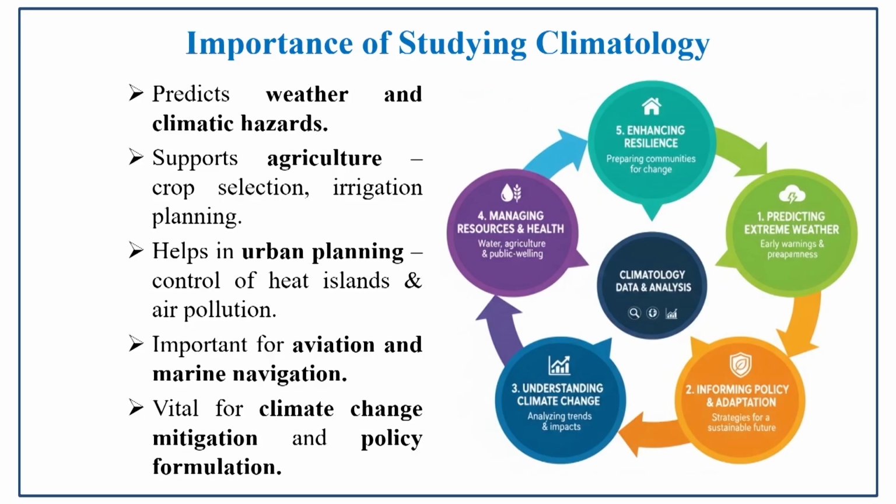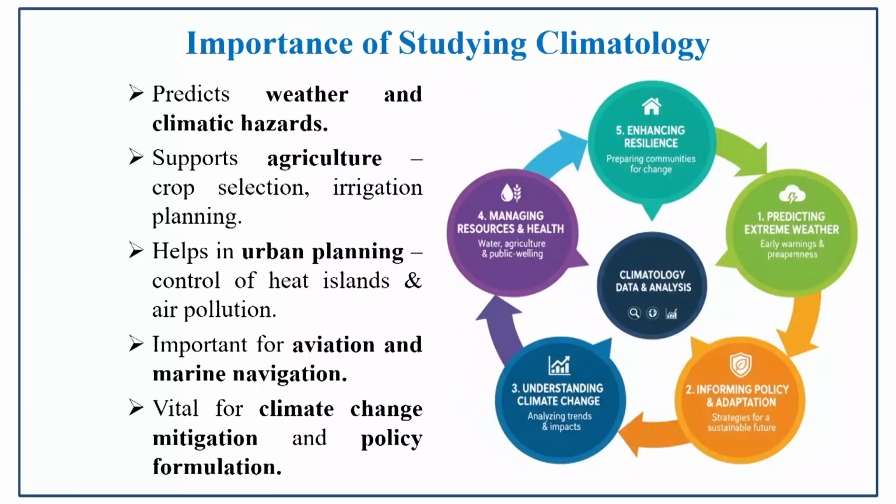All can be done with the help of studying climatology, and it helps in urban planning. How does it help in urban planning? The pollution and other impacts of human beings, which produce the urban heat island, can all be managed with the help of studying climatology.